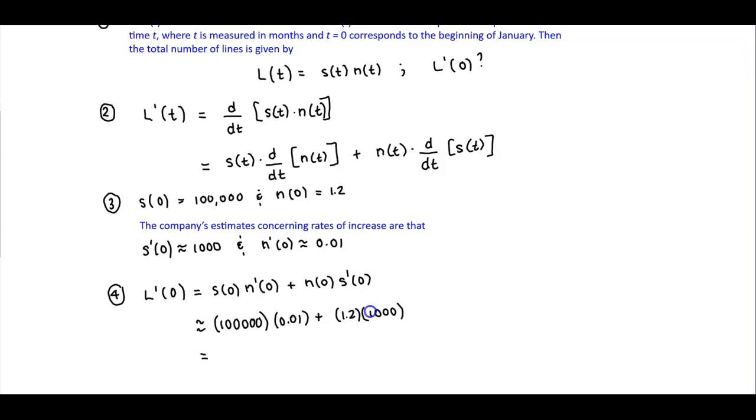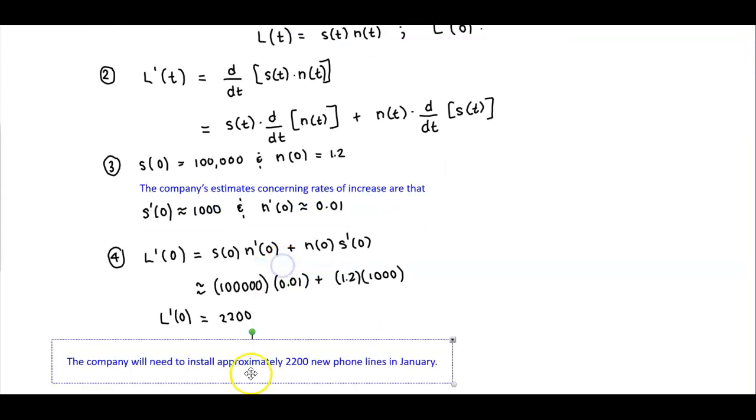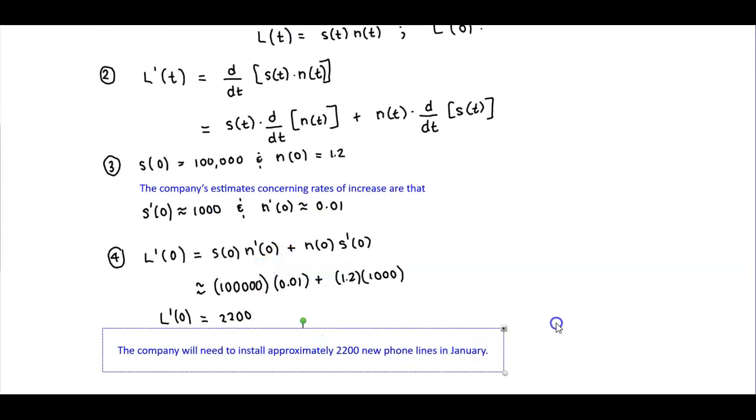Therefore, that's going to give us the result that L prime of 0 is going to equal 2,200. So what does that tell us? Well, that tells us that the company will need to install approximately 2,200 new phone lines in January.